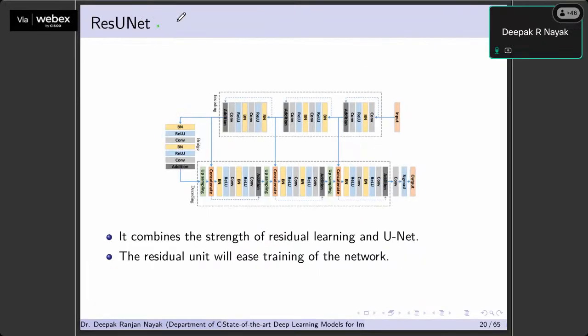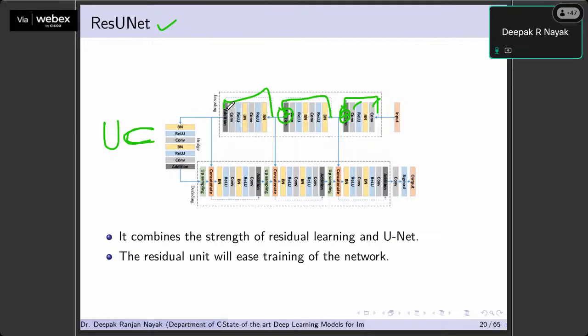You can see over here, this is the input. The representation may be different. Previously it was looking like this, now it is looking like this. You can see there's a convolution operation, another convolution operation, and a skip connection from here to here. At every stage, you will find there is a skip connection.